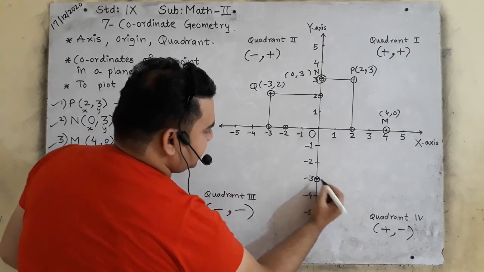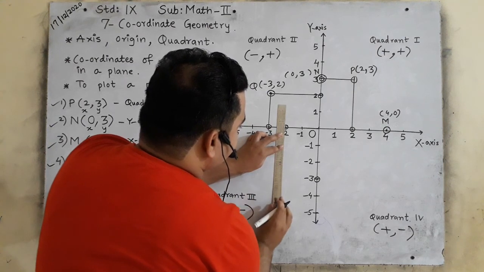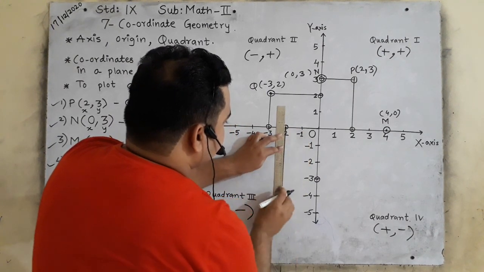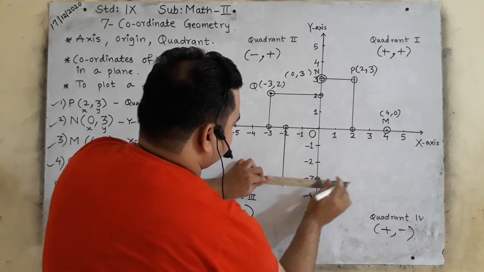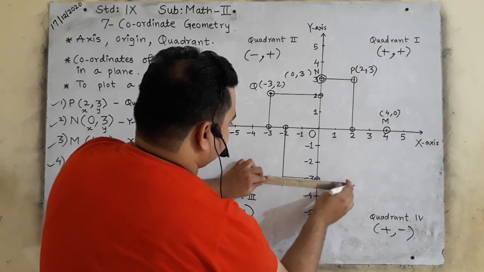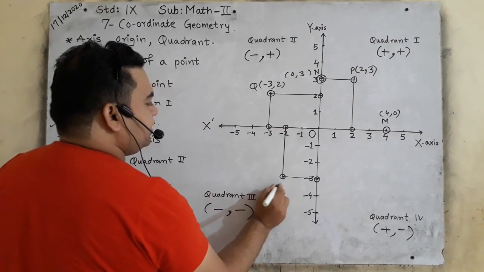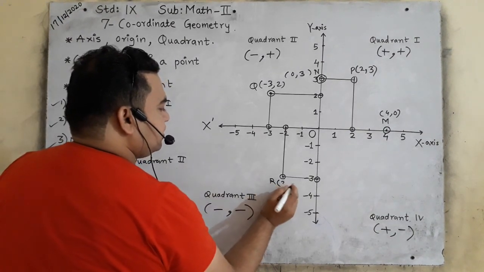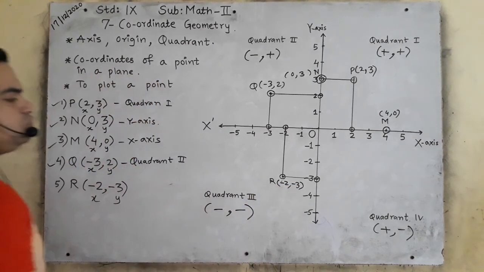Now you will draw the line to join these two coordinates. Okay, so this point you will give name R, point R, and coordinates are -2, -3.